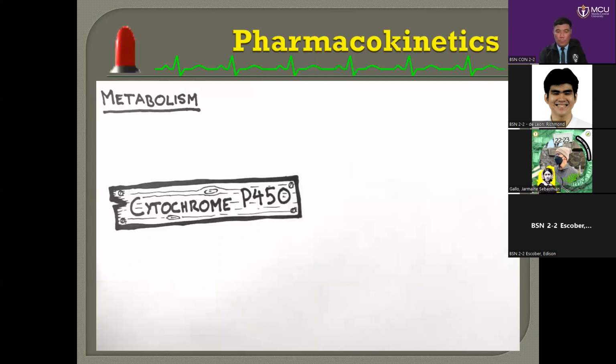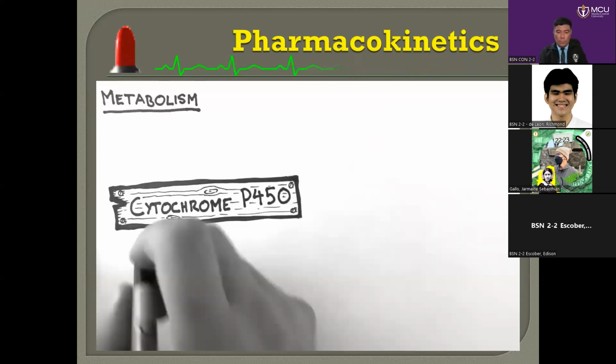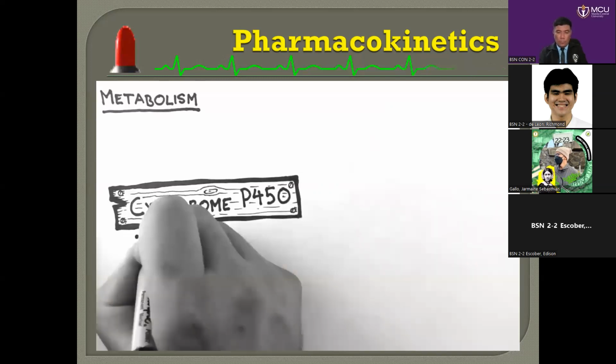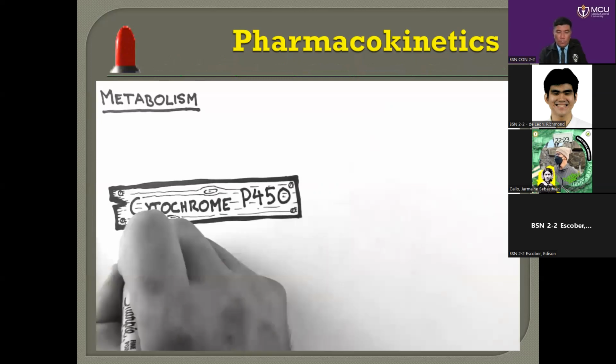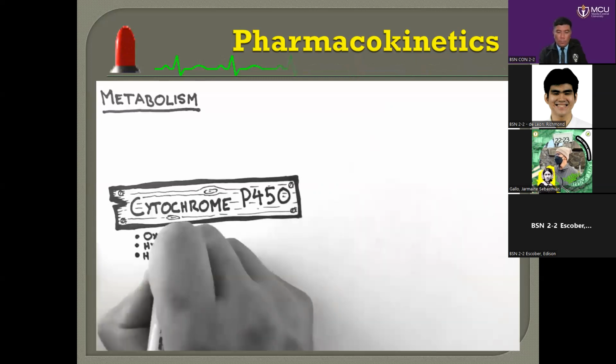For example, CYP1A2 metabolizes caffeine, whereas CYP2E1 metabolizes alcohol. Cytochrome P450 enzymes metabolize drugs through a variety of processes. These include oxidation, hydrolysis, and hydroxylation.